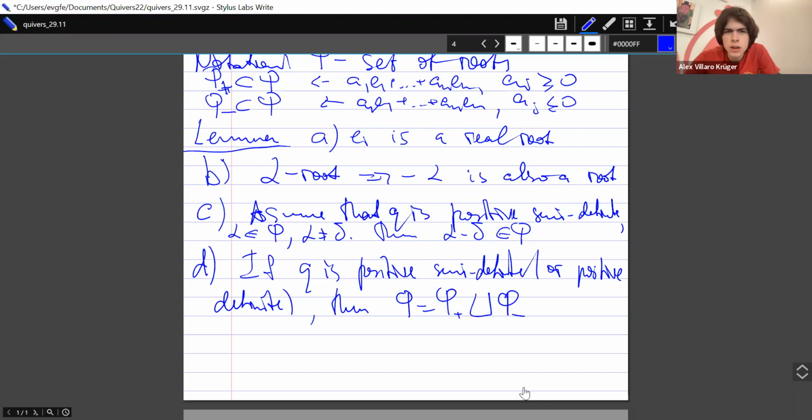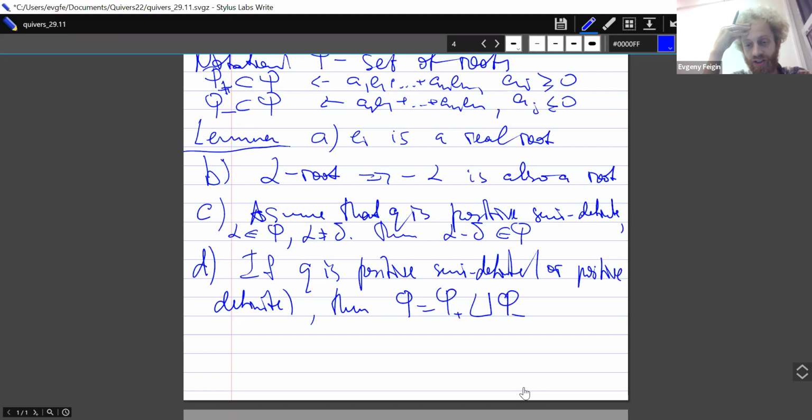Good. Andrei, did you want to ask something? Okay, well, delta in C is any imaginary root? Yes. Yeah, actually, we've seen that there is one basic imaginary root, right?